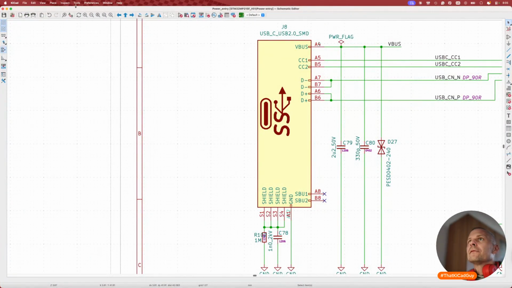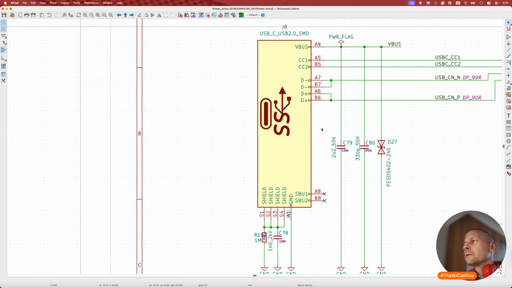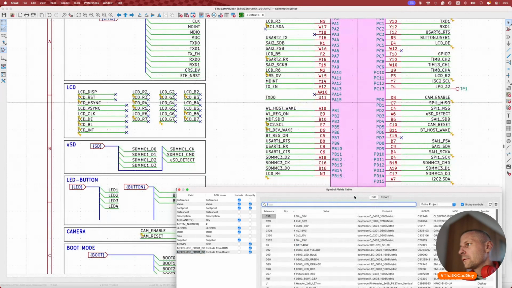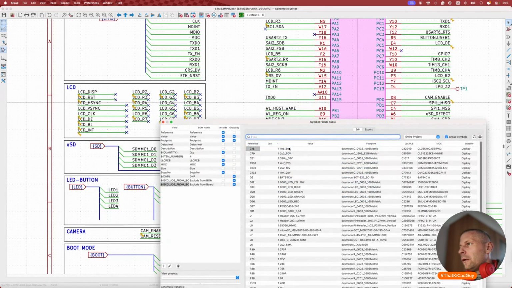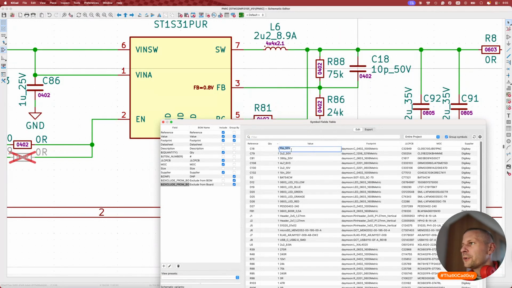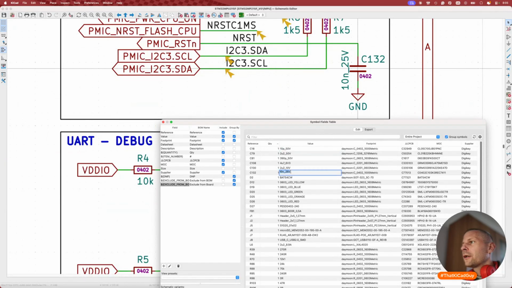Okay, let's call it again. One 10 pico, which is here, okay. 10 nanofarads, only one, okay.